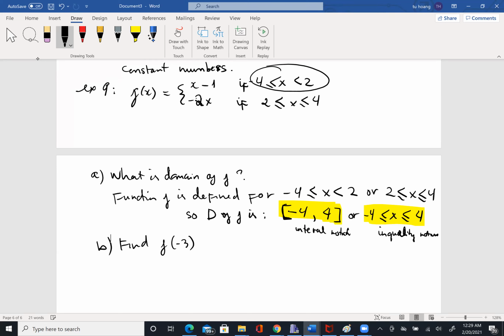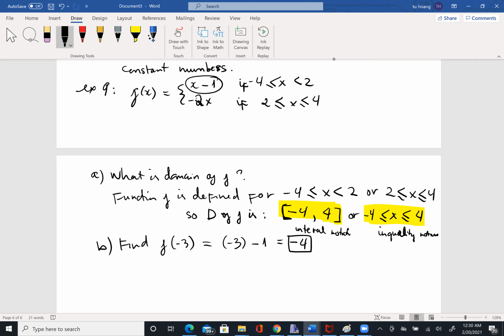The first one over here, right? Negative 3 is between negative 4 and 2. So you want to use this one. So negative 3 minus 1, x now changes to negative 3, and now it's going to be negative 4. That's the answer.